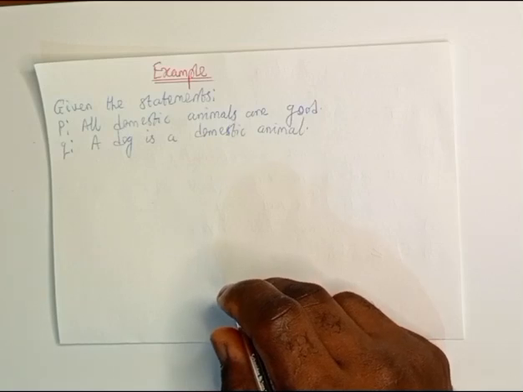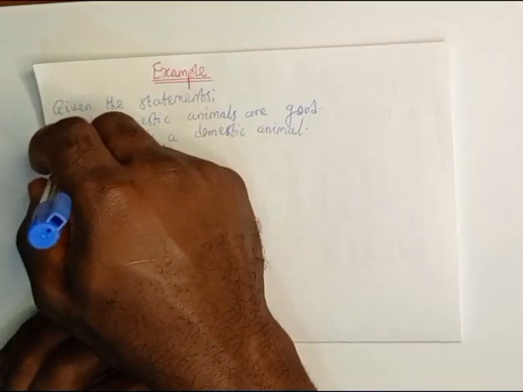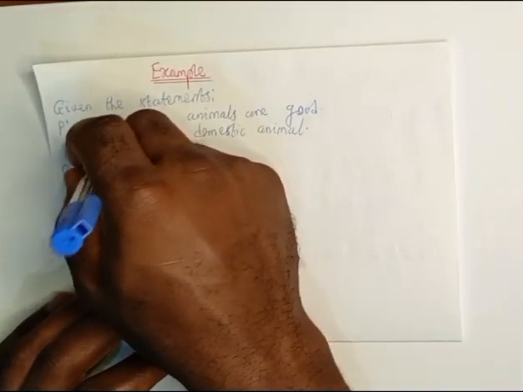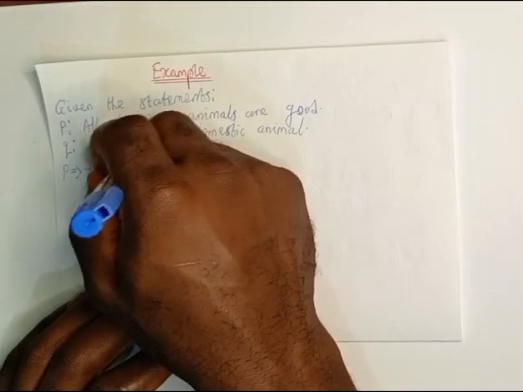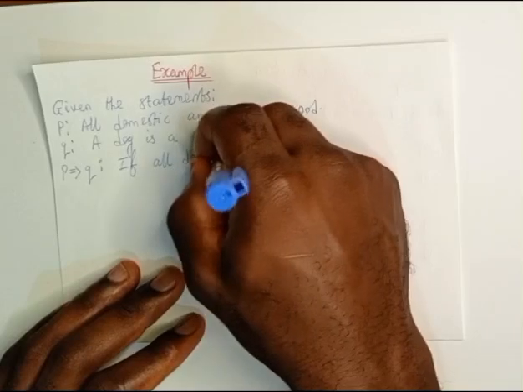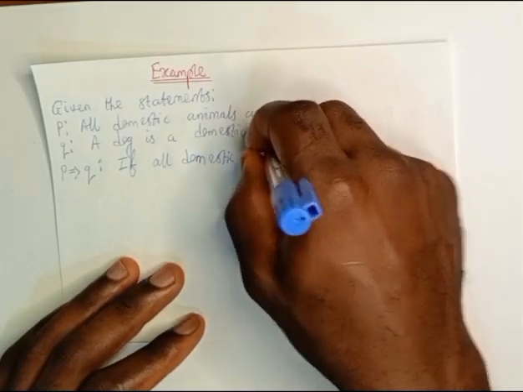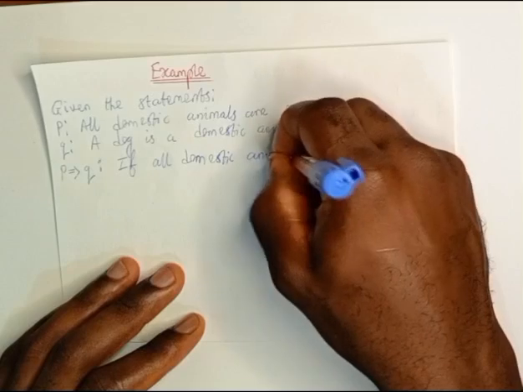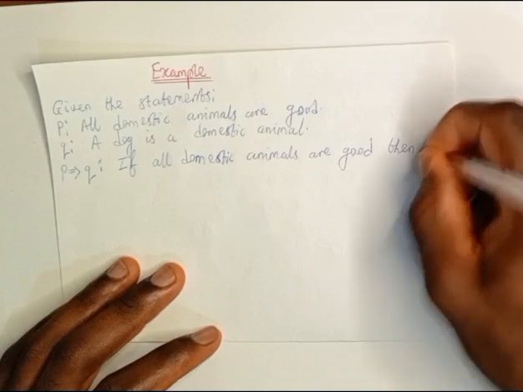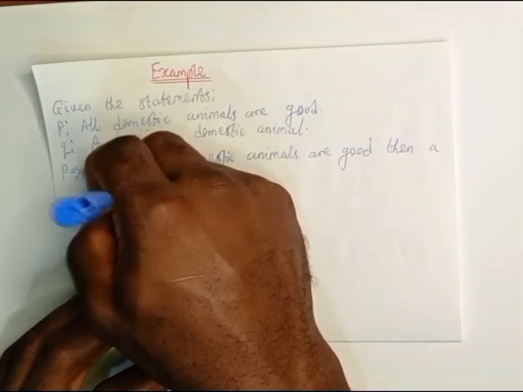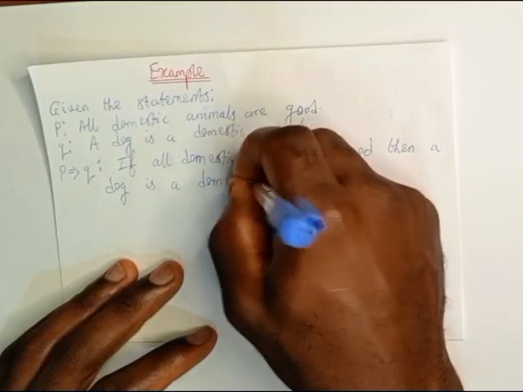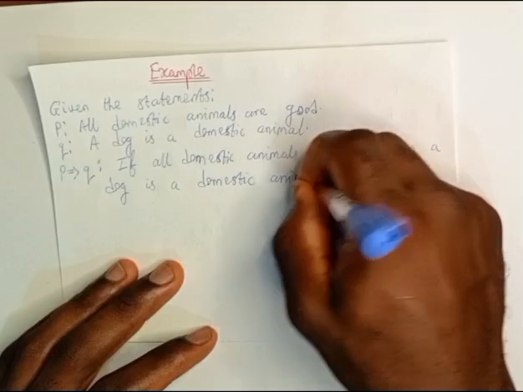We have two statements. Our conditional statement or implication P implies Q is: if all domestic animals are good, then a dog is a domestic animal.